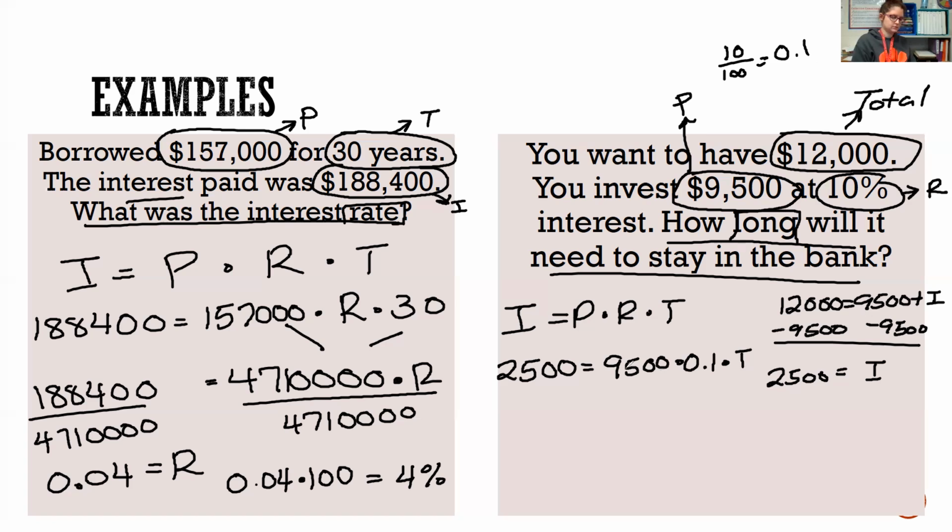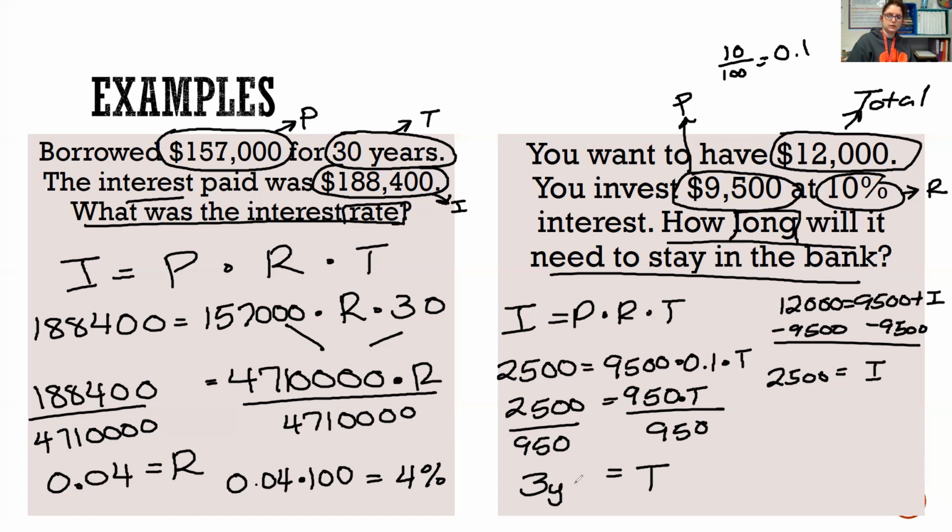So 9,500 times 0.1 gives us 950 T. That equals 2,500. We're going to undo our multiplication with division. So 2,500 divided by 950 gives us 2.6, but because we're dealing in years, I'm going to round and say it's about 3 years.